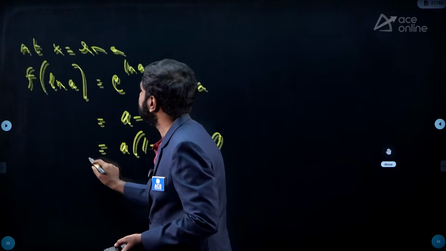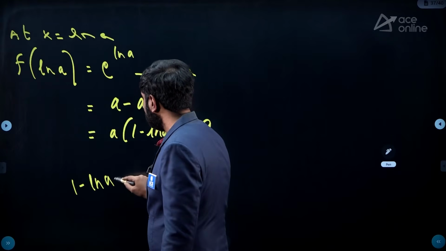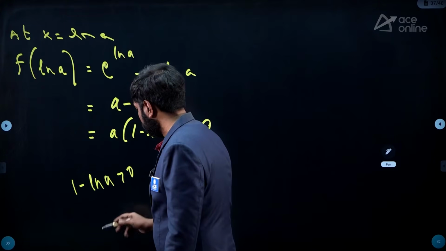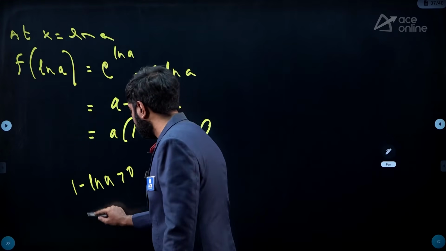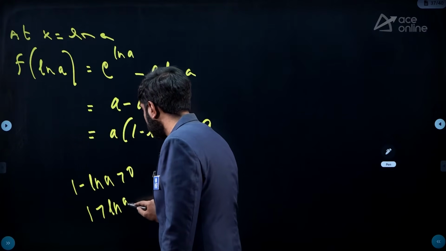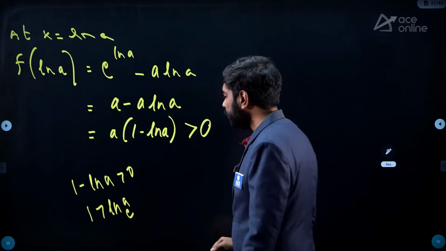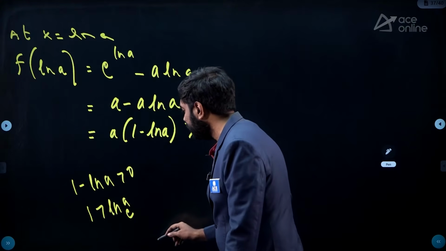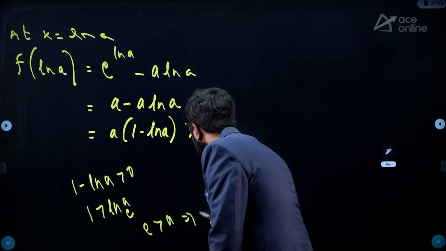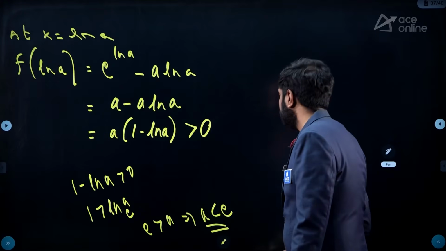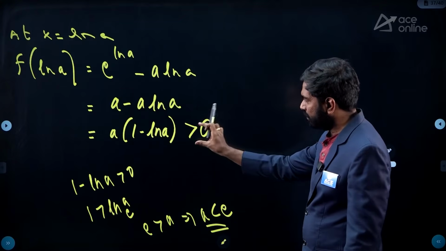I want to know when 1 minus ln a is positive. So when is 1 minus ln a positive? You rearrange this: 1 greater than ln a, log to the base e. So from this, it's very clear that when e is greater than a, or when a is less than e, this value is greater than 0.